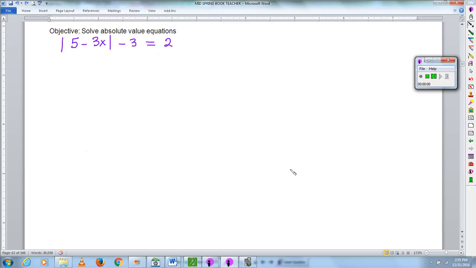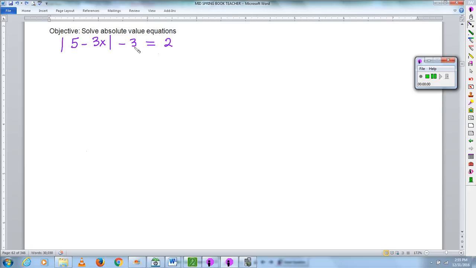In this video, the objective is to solve an absolute value equation. On the left-hand side of the equation, we have the absolute value of 5 minus 3x, and then minus 3 outside of the absolute value symbol.